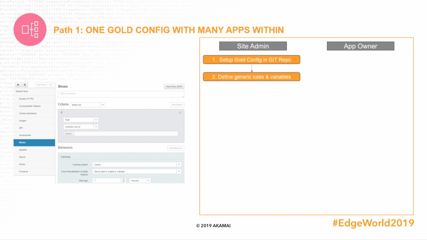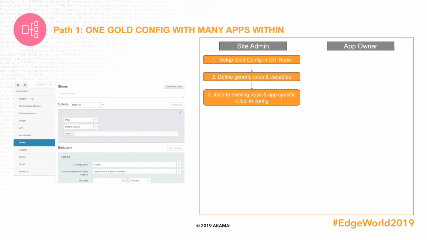The next step is you define your generic rules and variables. Let's say you're defining your origins, or things that are common across all of your different teams. You define that across your config, and you could use different sections or different snippets to make that differentiation. The third thing you do is start including existing apps and app-specific rules in configs.